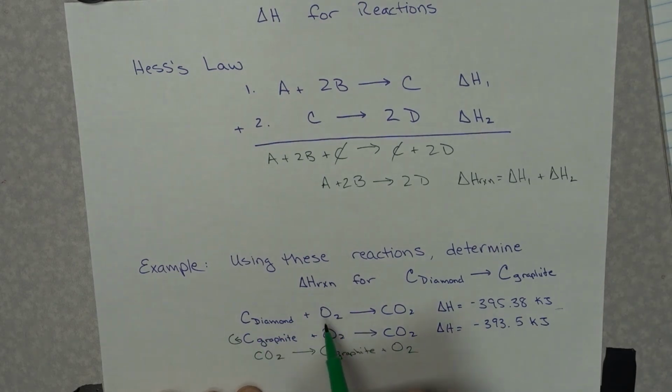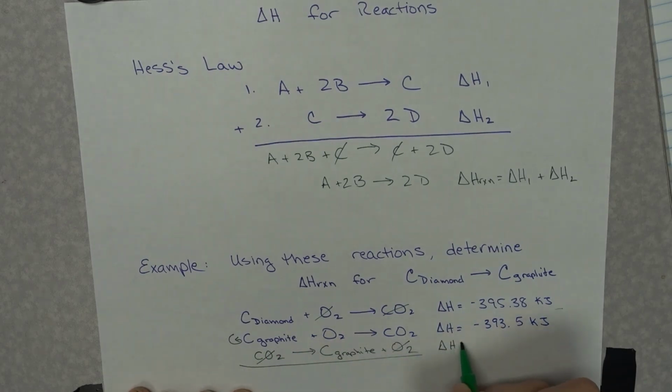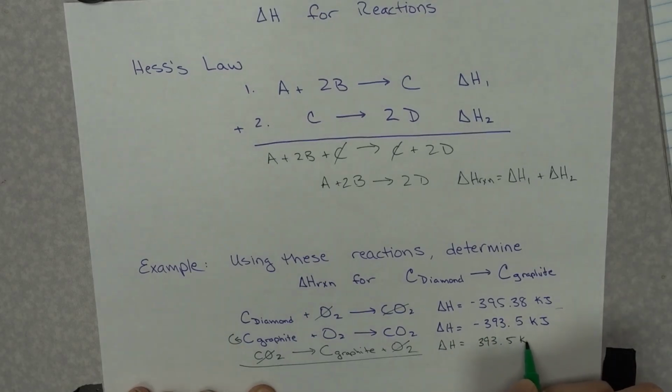For example, I've got O2 on both sides, I've got CO2 on both sides, and now I'm left with, when I add them up, and so my delta H, I probably shouldn't skip this step, becomes positive 393.5 kilojoules. So when I add them up, everything that's not crossed out here, so C diamond, goes to C graphite.